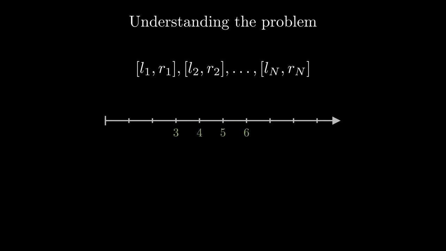As a side note, we use square brackets to indicate inclusion of a number and round brackets to indicate exclusion of a number. For example, [3, 6) indicates all numbers between 3 and 6, including 3 but excluding 6.